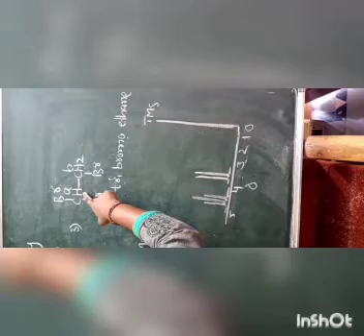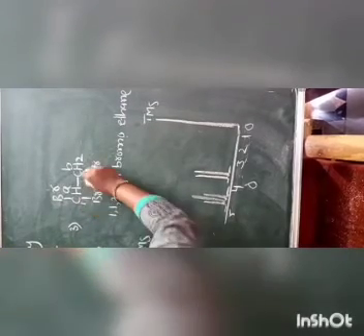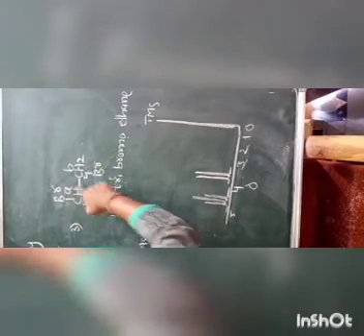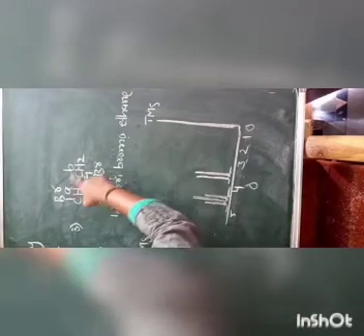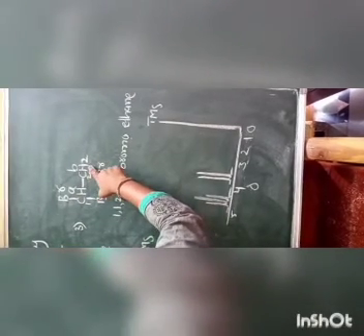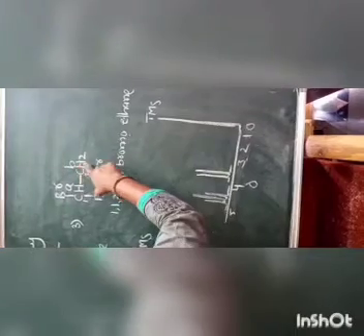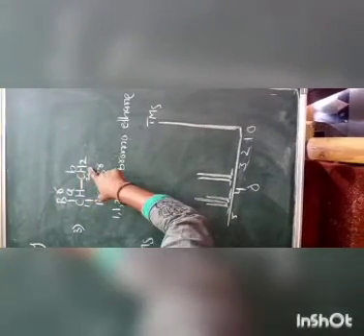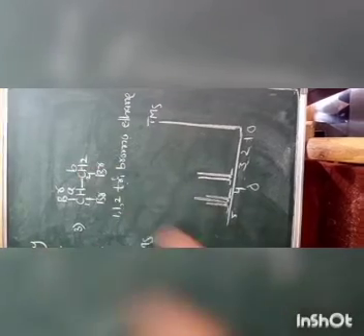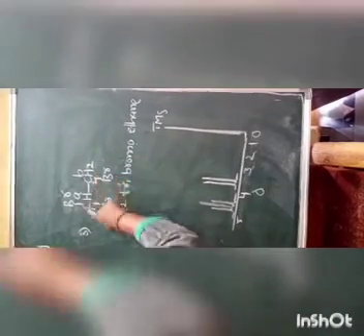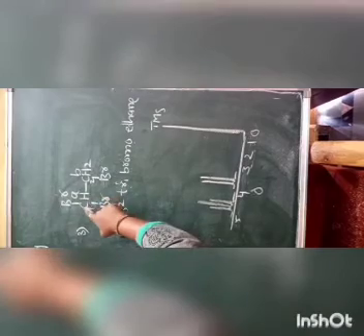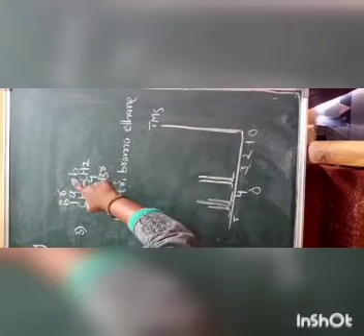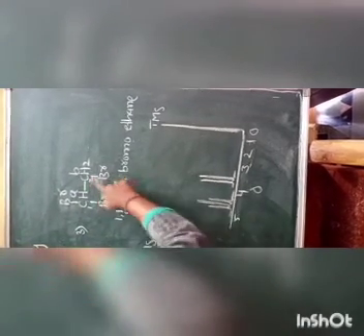One proton is present at one carbon atom, and this type of proton is A type, and at the second carbon atom, two hydrogens are present. These two hydrogens are completely different from the first carbon atom. That's why these two hydrogens are B type of protons. So here the connectivity is completely different, because at the first carbon atom 2 bromines are present, and at the second carbon atom only one bromine is there.